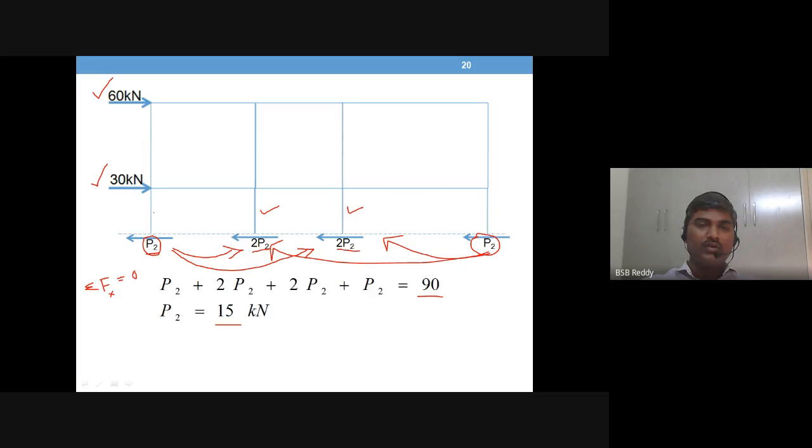Then these two columns will have 15 kilonewton shear force. You can see how simple this calculation is, right? So the only thing you need to follow is the procedure. That's it. Whatever is told in the procedure, just follow it, and you can easily solve this problem.